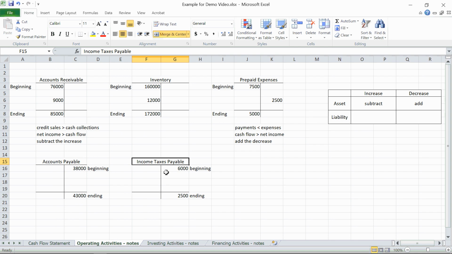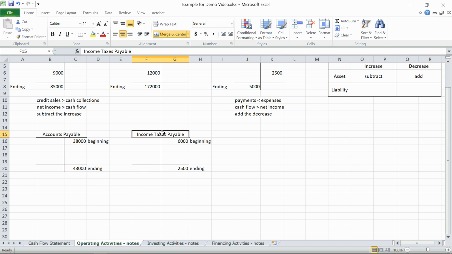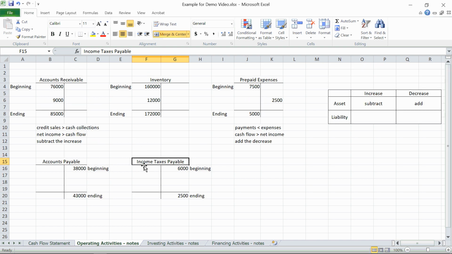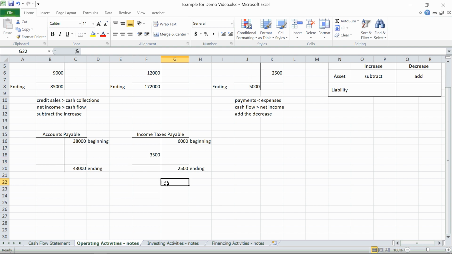So I'm going to start with income taxes payable. I think it's the easier of the two to understand, and then we'll figure out what our rule is and how it affects this chart. So we see that income tax payable decreased, and it's a payable, so it would decrease with a debit. Now, in order for income tax payable to decrease, it must mean that we paid all of this year's tax and some of last year's. Or more specifically, that our payments are greater than our expenses.